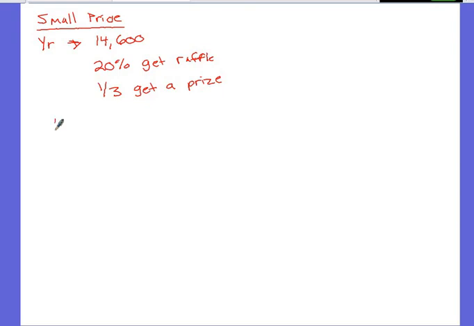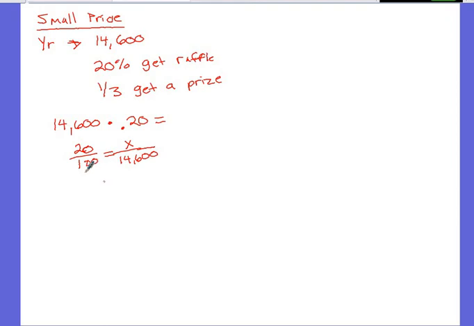So I first would show that I know I need to find 20% of 14,600. We just got off our percent unit. You can set percents up as a proportion over 100, part over whole. This is the whole amount, so I'm finding part of it. Cross multiply.